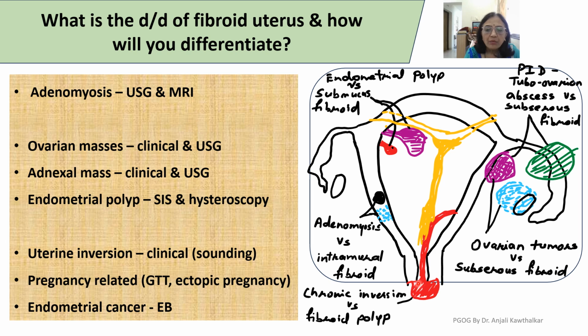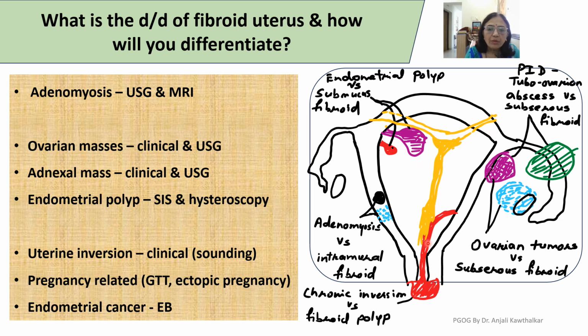But clinically, we introduce a uterine sound, and sounding will help us, so that if it is an inversion, then the uterocervical length will be shortened. Similarly, by ultrasonography and MRI, we can see the fundal cupping whenever there is an inversion.